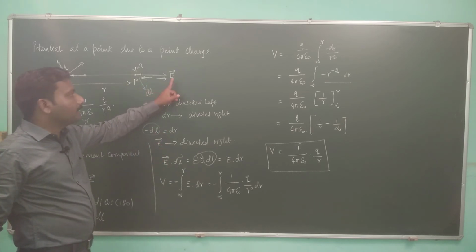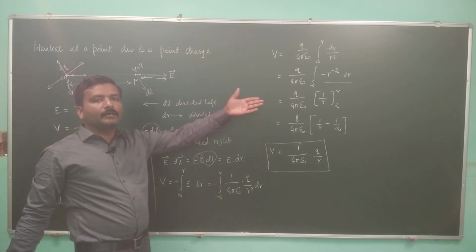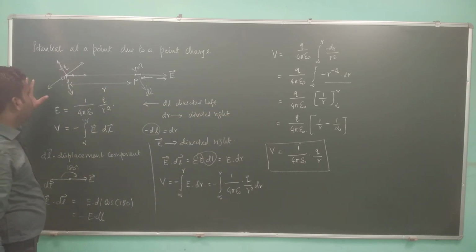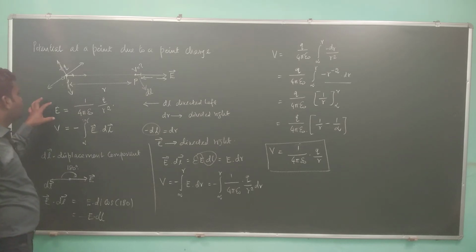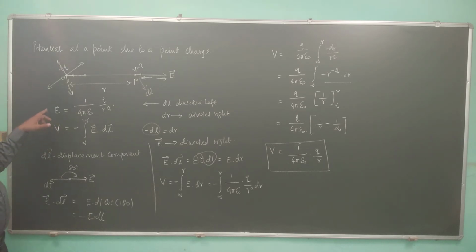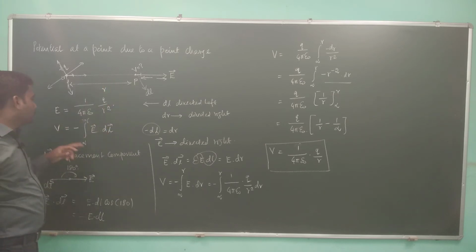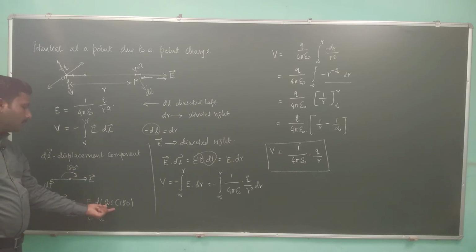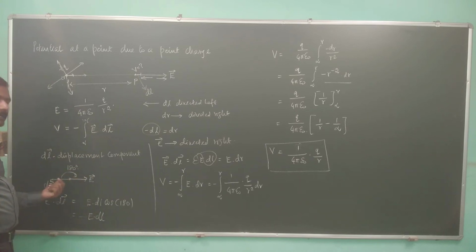At the same time, the electric field component is directed opposite to that of dl, and we have written the magnitude of the electric field at point P as 1 by 4 pi epsilon naught q by r square. The potential at point P we can write as minus the integral from infinity to r of E dot dl. To remove the vector component, we have to take cos theta, but theta is 180, that is, the angle between E and dl is 180.